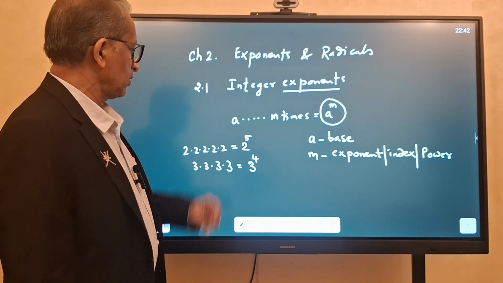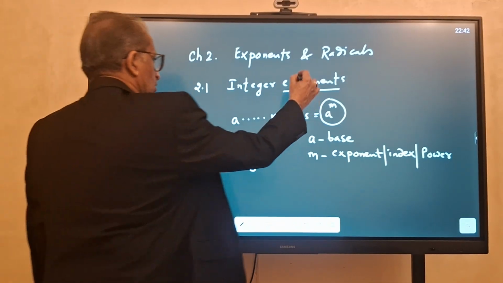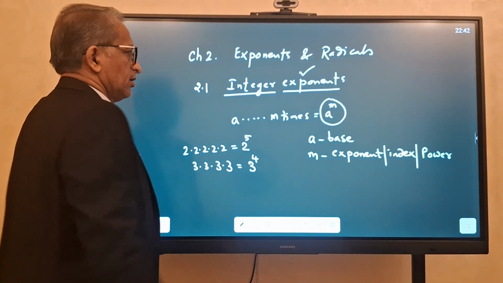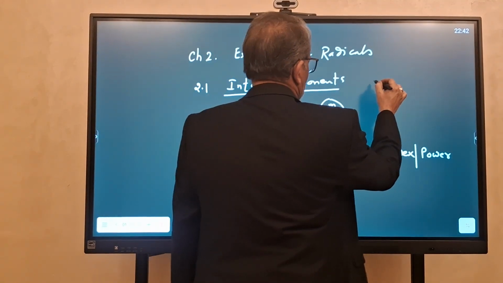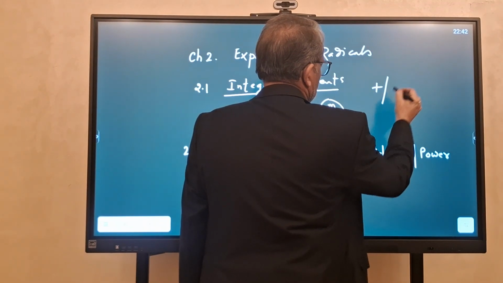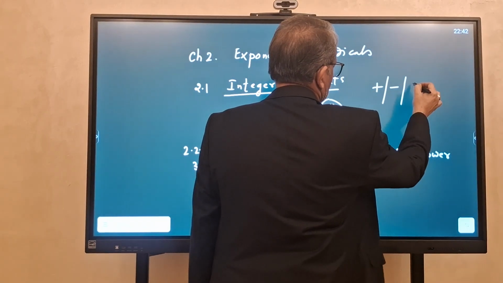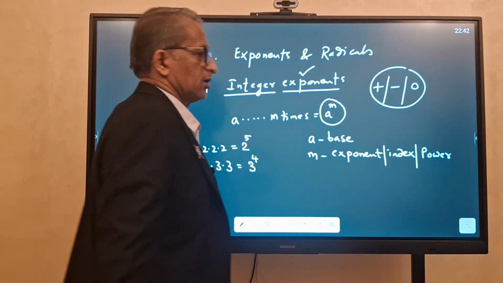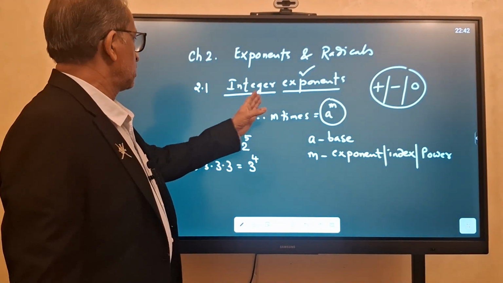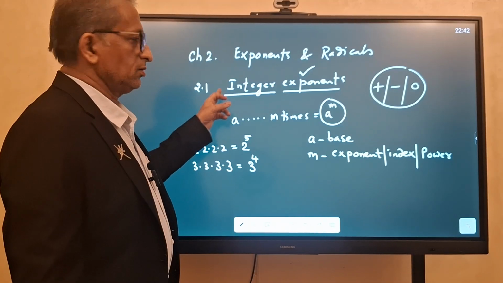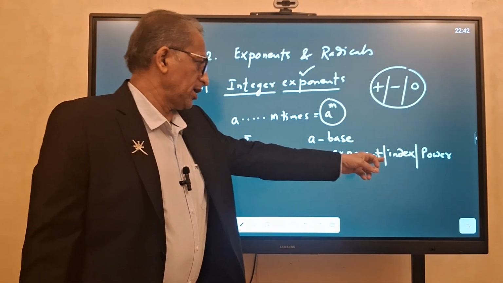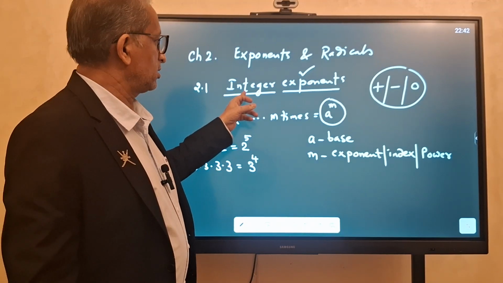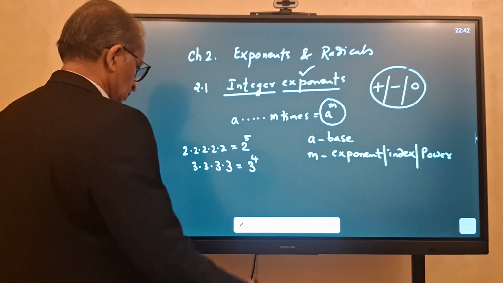So what are we going to do now? Now the exponents are integers. That means they are positive integers, negative integers, and zero. So we are considering in 2.1 the exponent, that is the power, where the power is an integer.